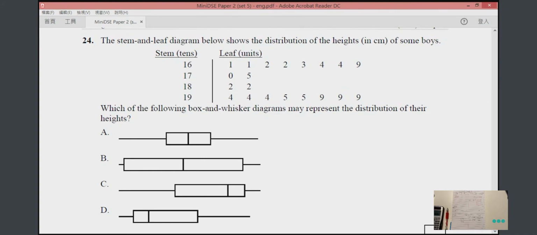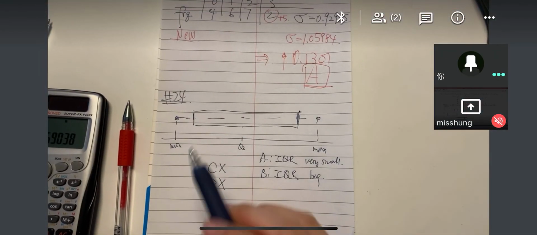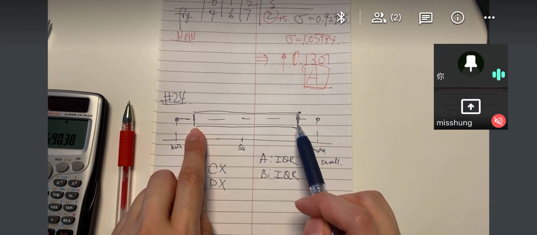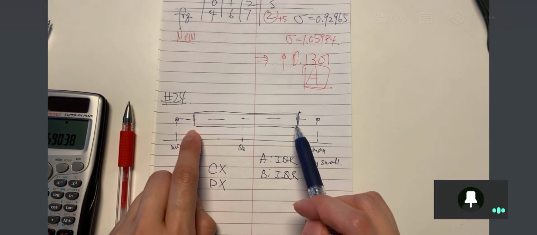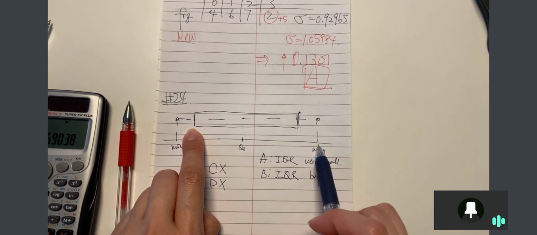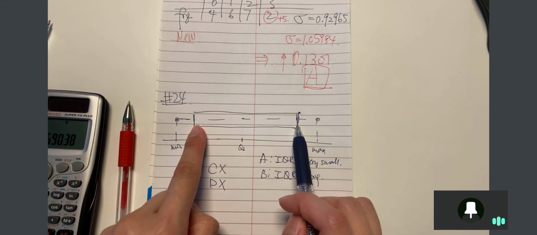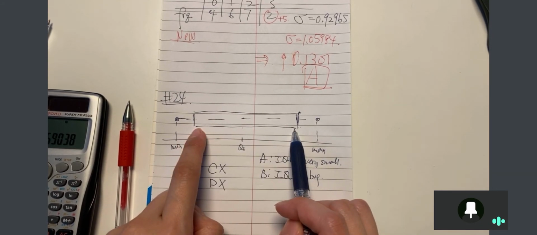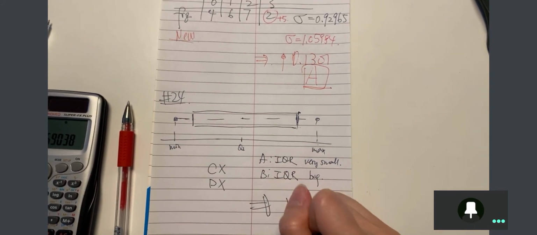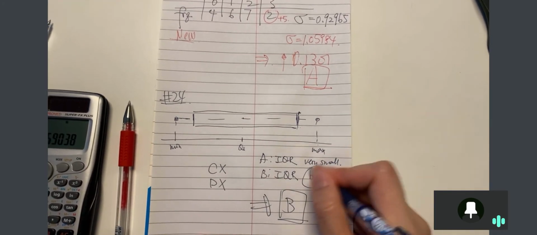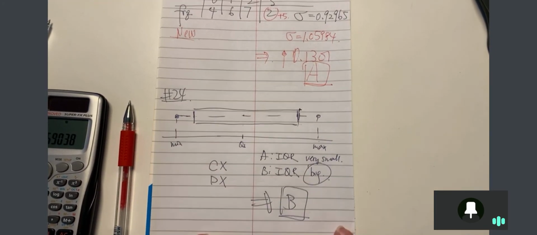From the data here, the Q1 is very close to the minimum and the Q3 is very close to the maximum. You have a very large range between the Q3 and Q1. So it is B, the big interquartile range.